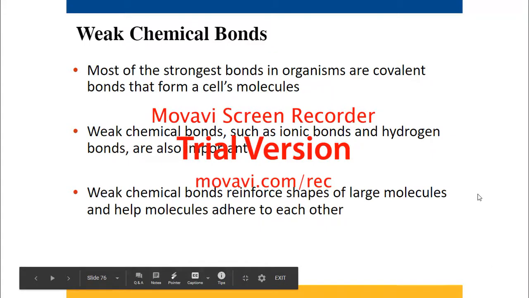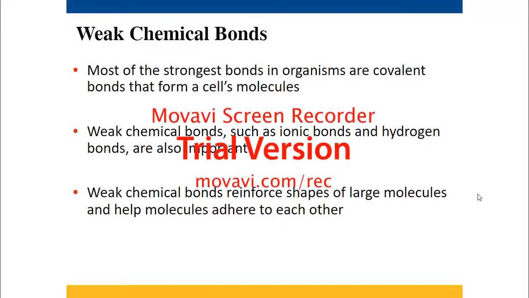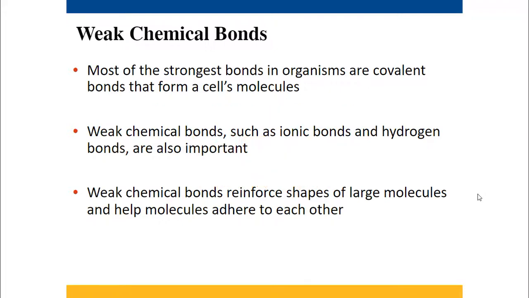All right. So covalent bonds are actually considered a strong chemical bond. But there are weaker chemical bonds, such as ionic bonds and hydrogen bonds. I already talked about hydrogen bonding between polar water molecules.